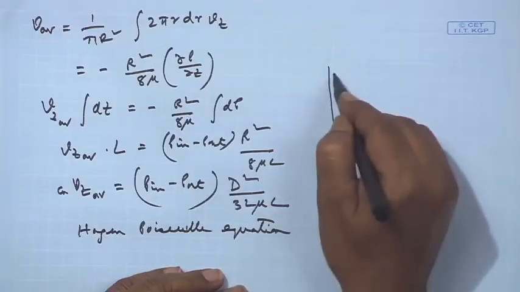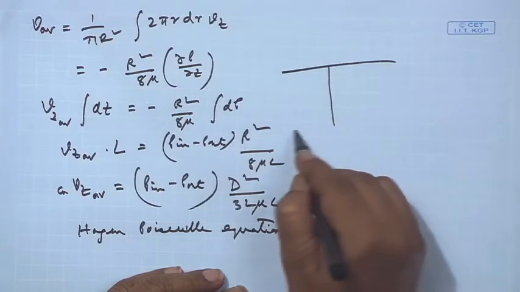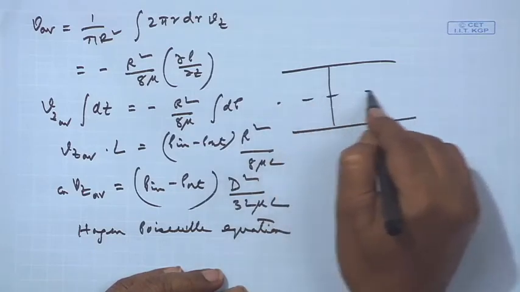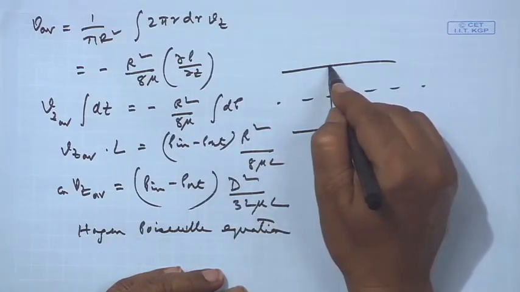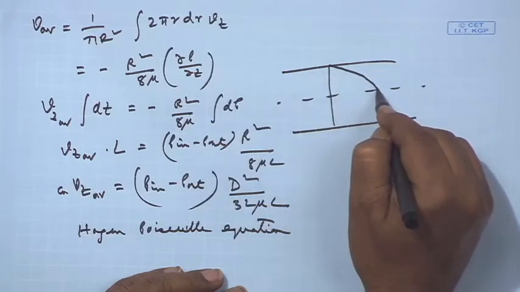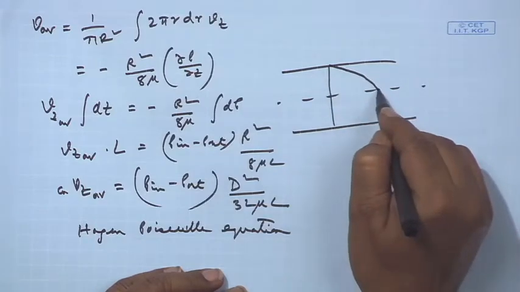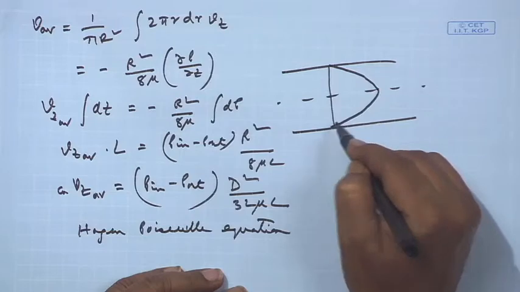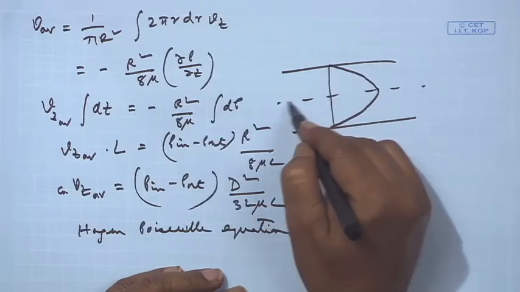So at capital R the velocity is 0, and we have shown how the velocity profile changes along the radius. If this is the pipe and this is the axis, the velocity is 0 at the wall, becomes maximum at the center, and the other half is a mirror image of this half.